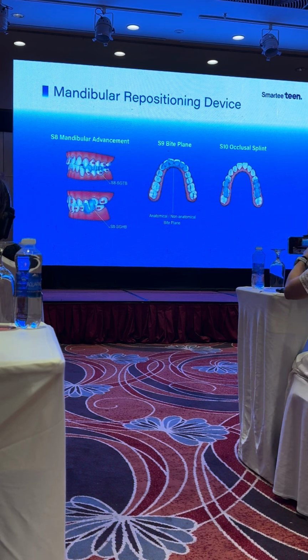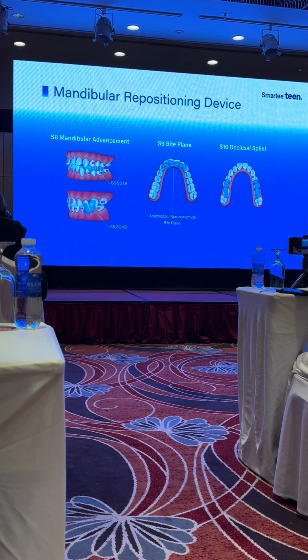So this is a clear TB. It's very similar to the traditional TB, in that they have a block on the surface of the occlusion that blocks it. So that's SGTB. And then this is the SGHB. SG, Professor Gang Shen.